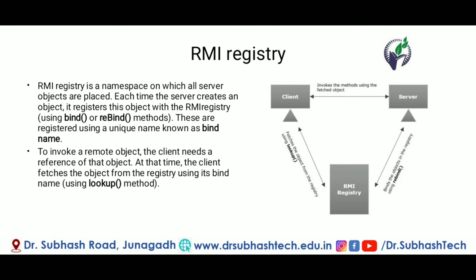So whenever the client sends a request for a particular method or any particular resource, it first of all looks up the RMI registry using the lookup method to find out whether any appropriate remote reference object is available that fulfills that request or service. The client sends a request to the RMI registry using the lookup method, and the RMI registry fetches this request, and if any appropriate reference object is available for the client, it sends that reference to the client.